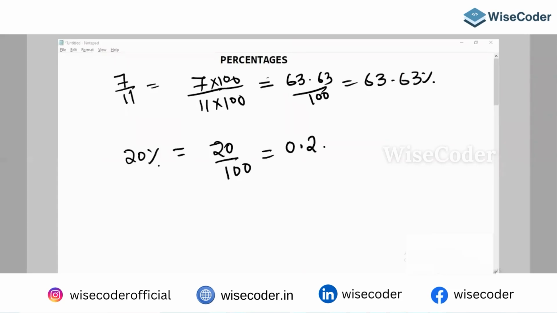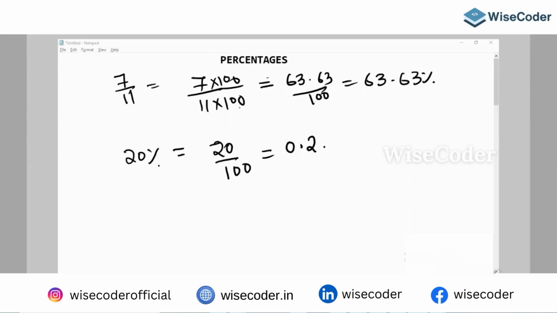So any percentage can be expressed as a decimal fraction by dividing the percentage figure by 100, and vice versa.